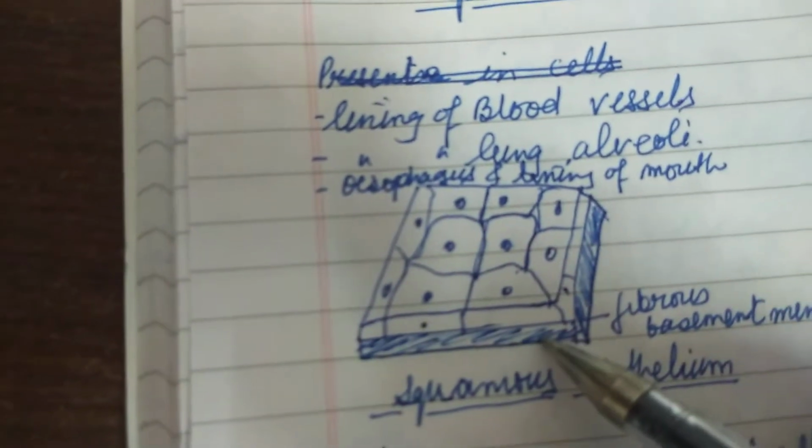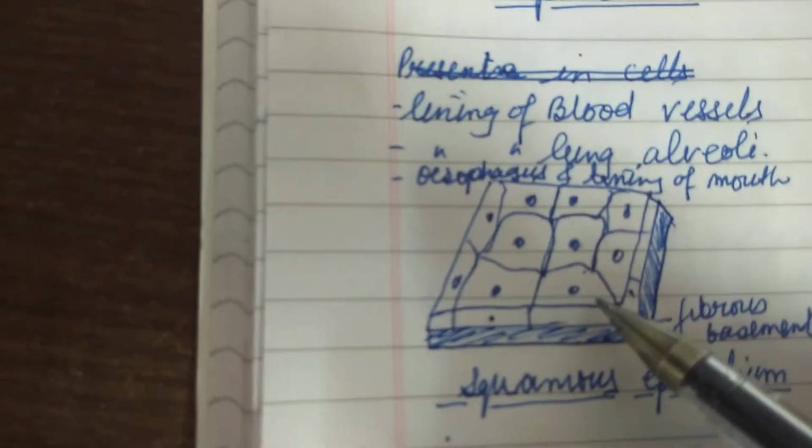They have a basement layer, and this basement layer is present in all epithelial tissues. This is fibrous. On this base, wherever there is epithelial tissue, this basement layer is present. On that basement layer, cells are there. See, this is the fibrous basement layer, and there are cells.